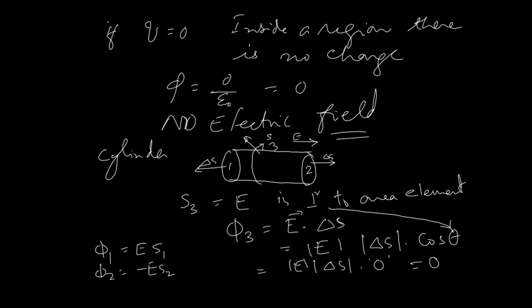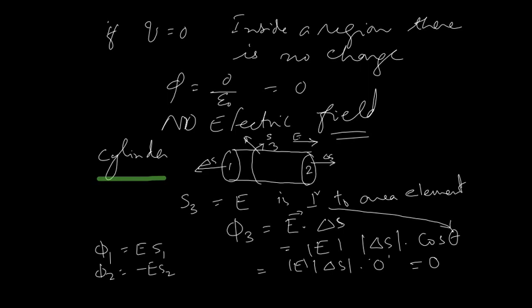Next he considers a cylinder. For the cylinder, you have three surfaces, surface 1, surface 2, surface 3, and if you assume E is in this particular direction, then for faces 1 and 2 the flux gets cancelled. Phi 1 and phi 2 are equal and opposite in direction.